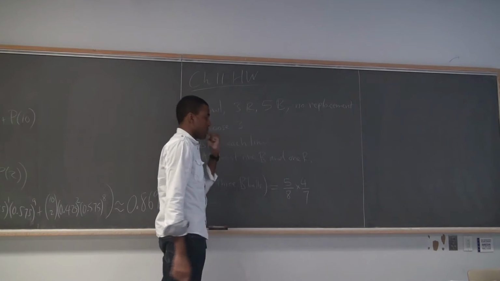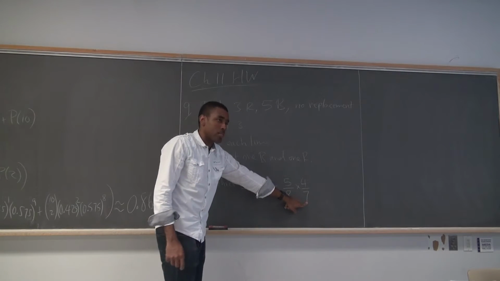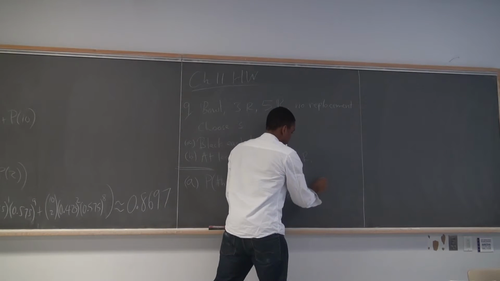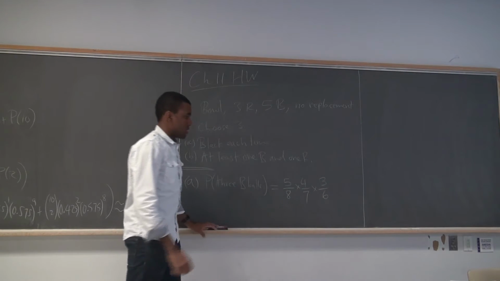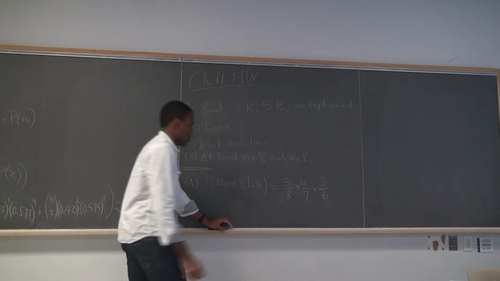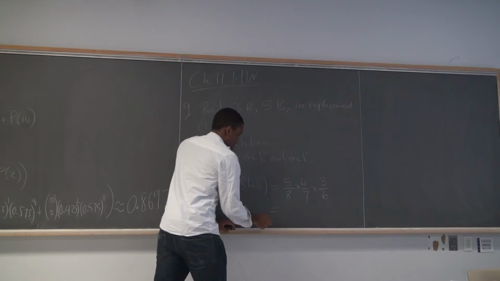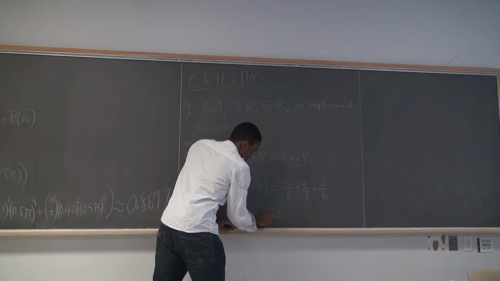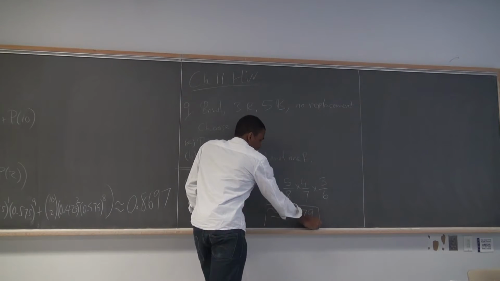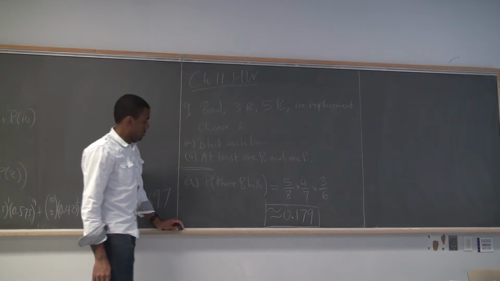You take out one of 8, but you throw away that ball, so now there's 7 left, and there are only 4 blacks. And then you go again, now it will be 3 out of 6, because you throw away that one, and now there are only 6 left and only 3 blacks left. So that was 0.179. Right, so just about an 18% chance that all 3 will be black.